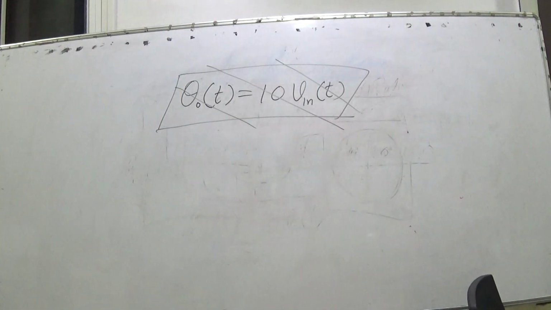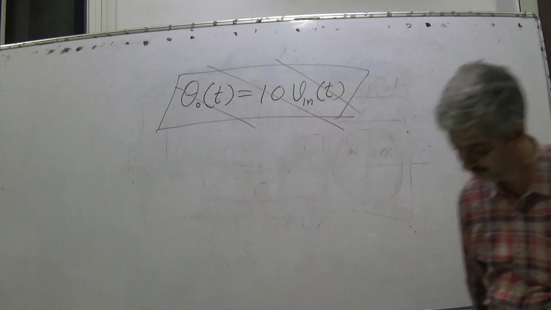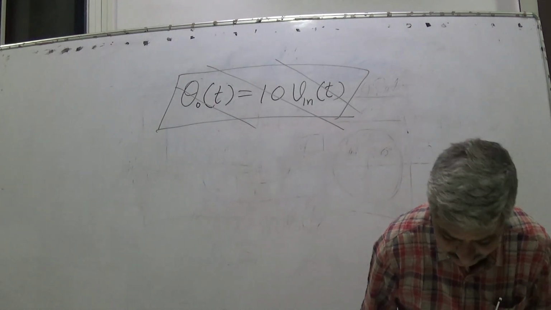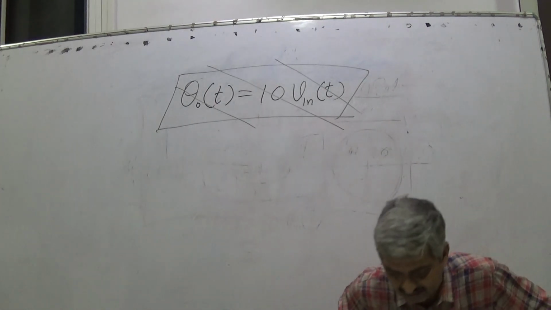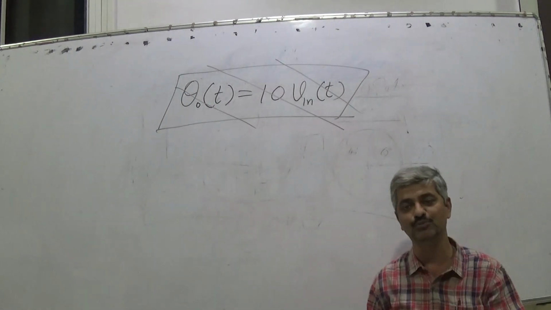It is expected that the angular position of the pointer of the voltmeter should be directly proportional to the input voltage.